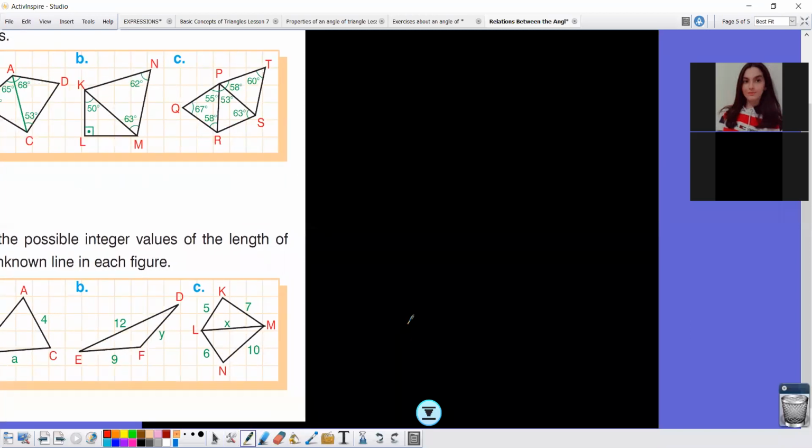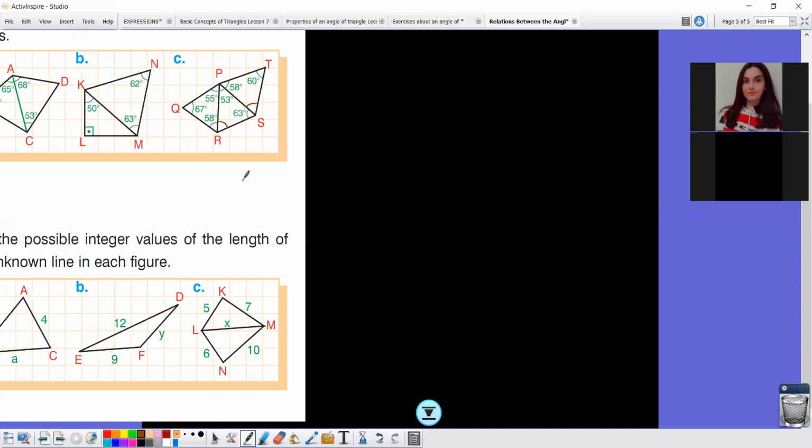As you can see, in some triangles, 3 angles are given. In some of them, only 2 angles are given. It would not be a problem for us to find the third angle. We can find it easily. So what will be this angle and this one?